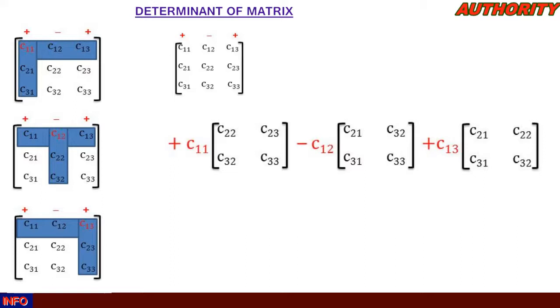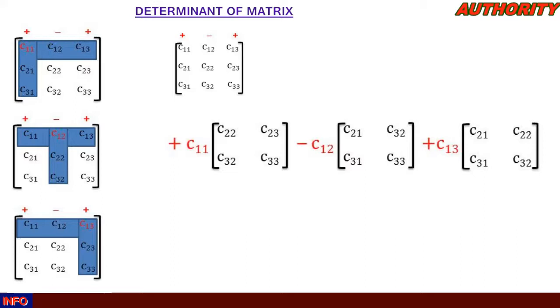Try and solve as if you want to find the determinant of this 2 by 2 matrix. Okay, so we have C11 in front, right? Multiplying the 2 by 2.